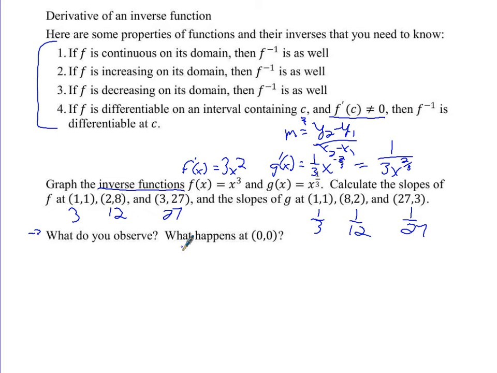What happens at 0, 0? The world explodes. So at 0, 0, we'd have f prime at 0. What do we get? Plug 0 in and we get 0. But we'd have g prime at 0, which would be 1 over 0, which is undefined.